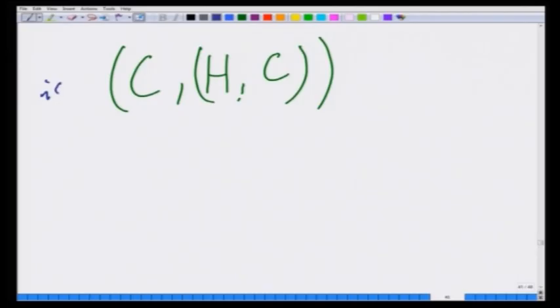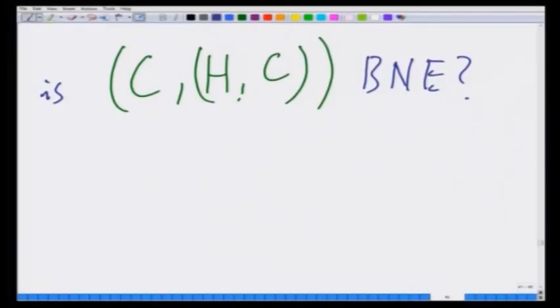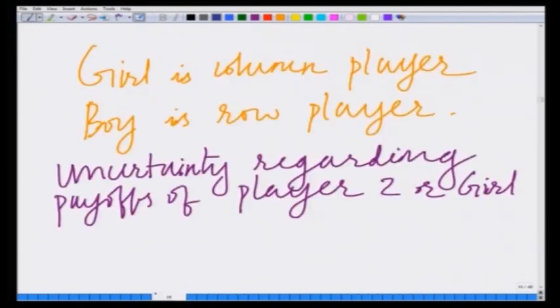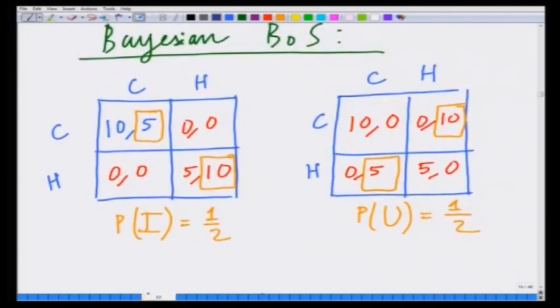So, we can ask, is H comma C a Bayesian Nash equilibrium, where the boy is choosing C, the girl of type I is choosing H, and the girl of type U is choosing C? We can quickly see if this is the best response of the girl. If the boy is choosing C, the best response of the girl of type I is to choose C, not H, right.